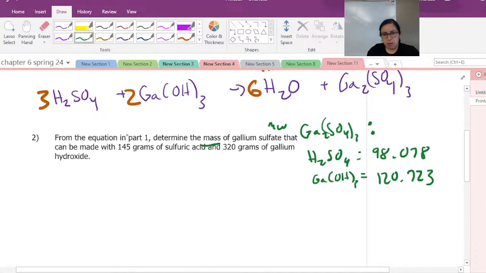But what type of problem is this? What's it asking for? Because it's asking how much can be made with 145 grams of sulfuric acid and 320 grams of gallium hydroxide. So what kind of problem is this?